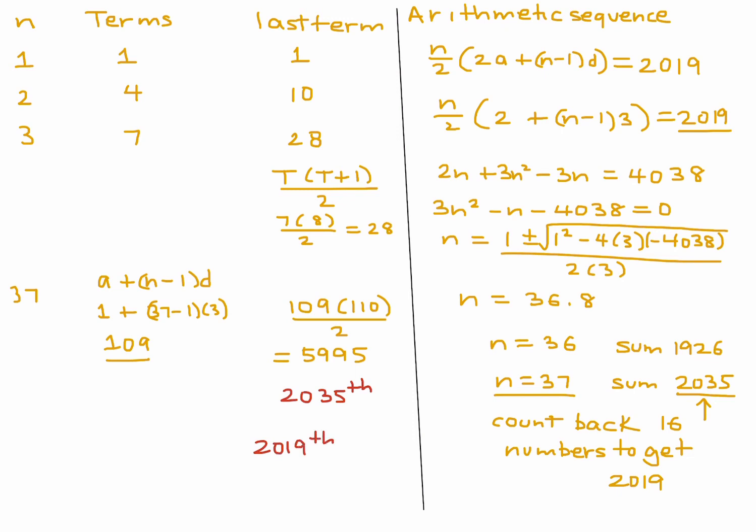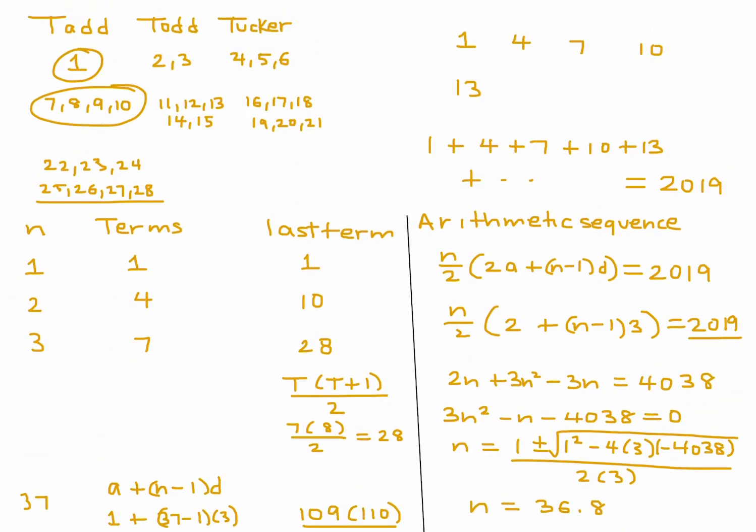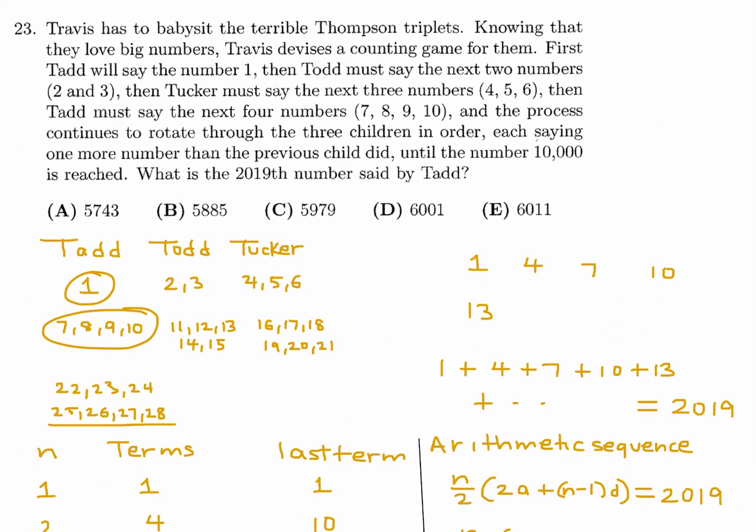So to do that, I just have to count back 16 from this number. And therefore it'd be 5995 minus 16, and that is 5979. 5979, and that would be C for number 23.